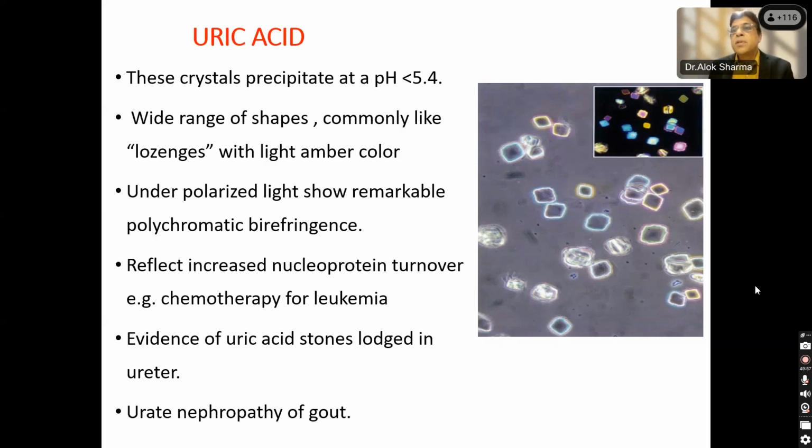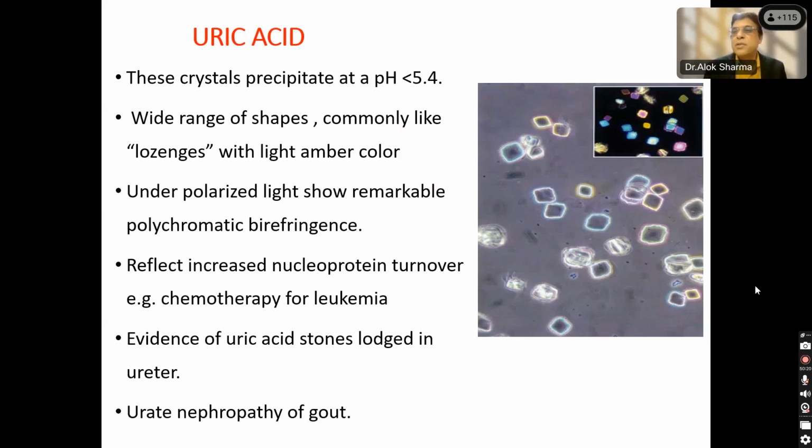For example, patients having tumors or who are undergoing chemotherapy for leukemia and various other disorders will have an increased amount of uric acid crystals in urine. Of course, the various primary conditions of hyperuricosuria and other things, not to mention the other conditions you should also remember. And they can even be evidence of a uric acid stone which is lodged in the urethra.